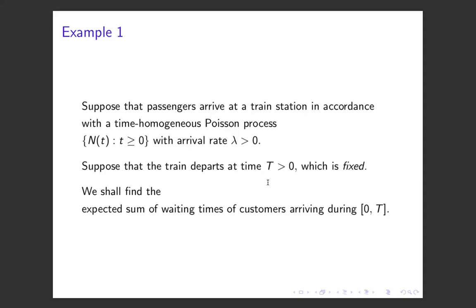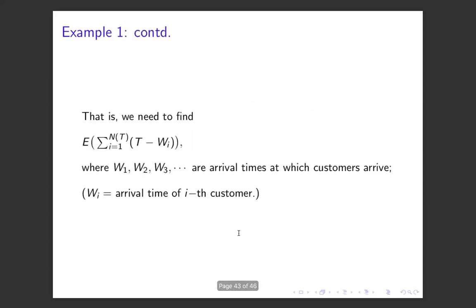But somebody who arrives at, let's say, time S, which is strictly less than T, will have to wait for T minus S units of time. Consequently, let's say the ith customer arrives at time Wi, and Wi is less than T. That person will have to wait for time T minus Wi.